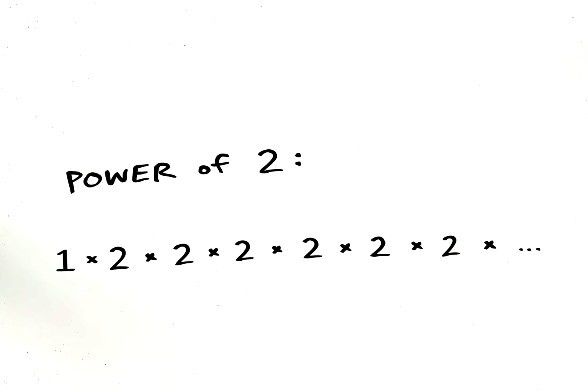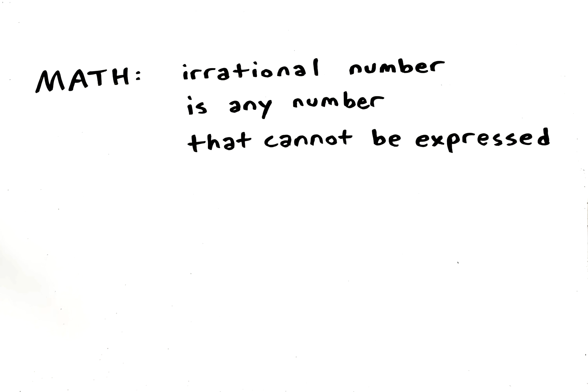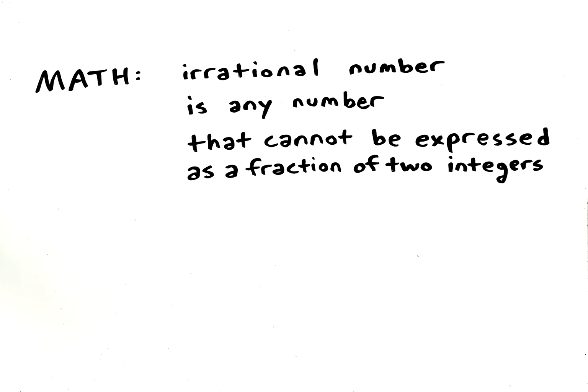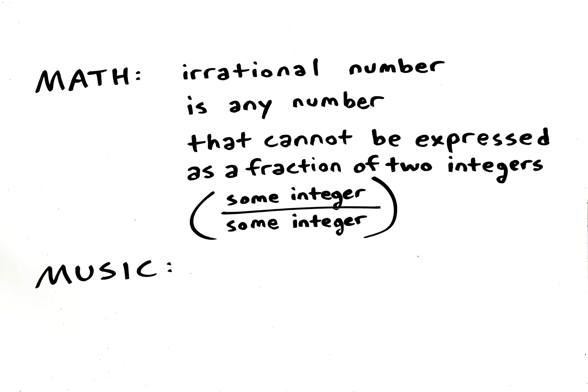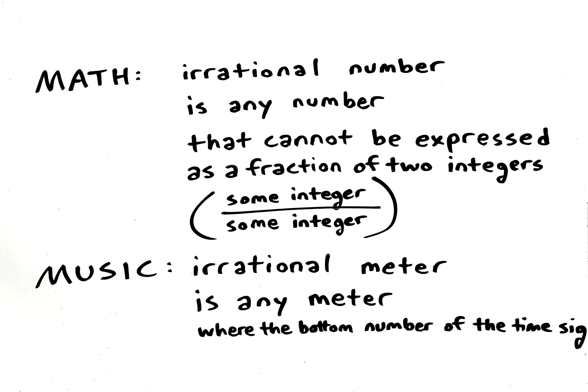For example, 1, 2, 4, 8, 16, 32, and 64 are all powers of 2. In mathematics, an irrational number is any number that cannot be expressed as a fraction of integers. But in music, an irrational meter is simply any meter where the bottom number of the time signature is not a power of 2.